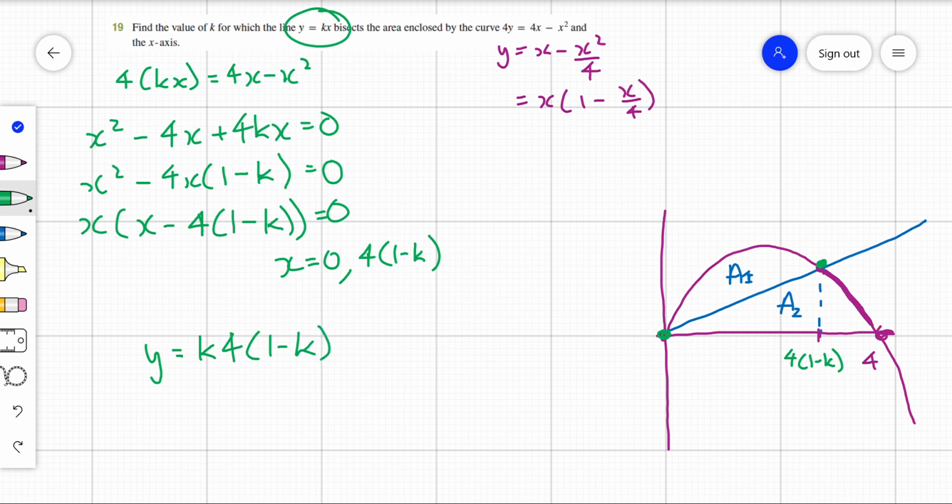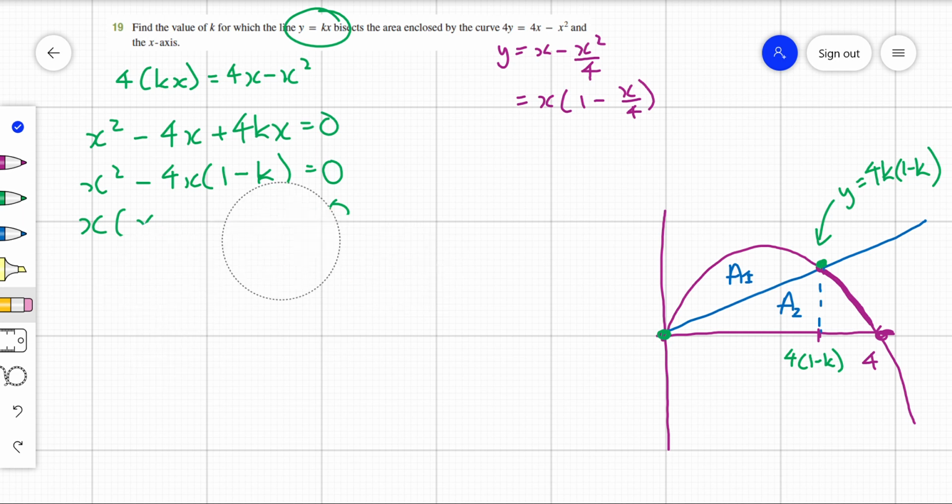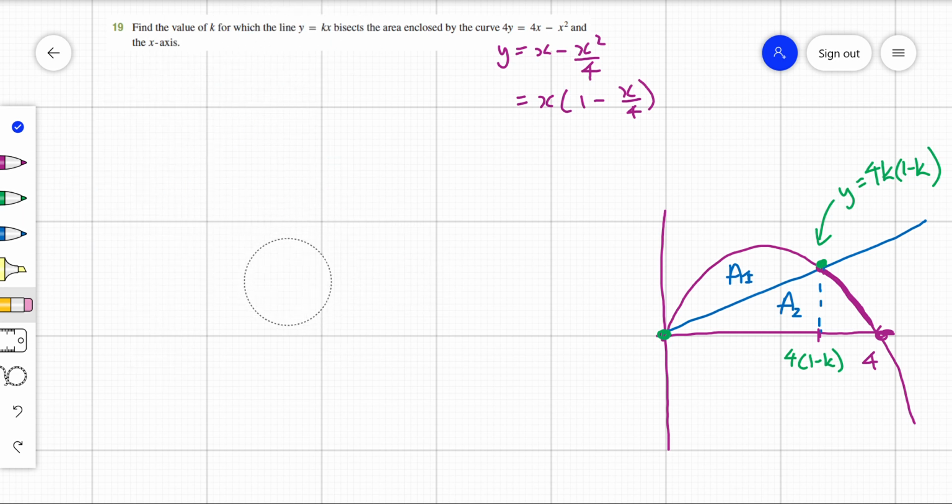So this has a height of, I'll say y equals 4k, 1 minus k. Alright, so I think we've got the information that we need in order to find the value of k, which does bisect that area. So let's look at A1.